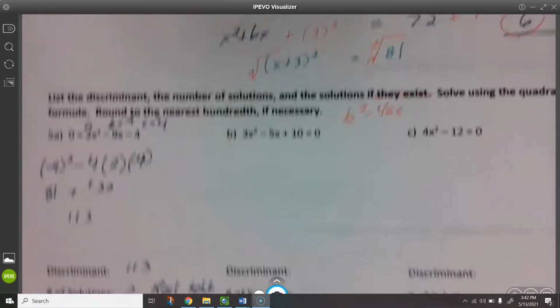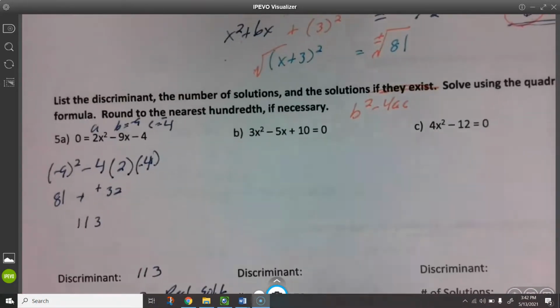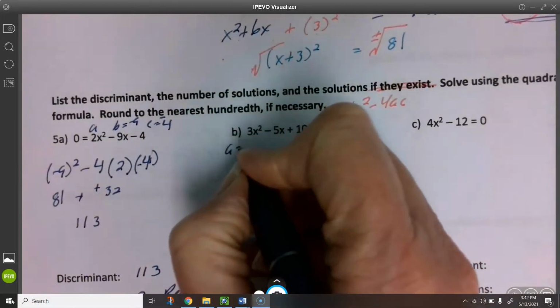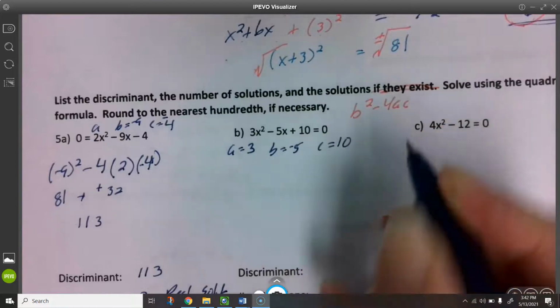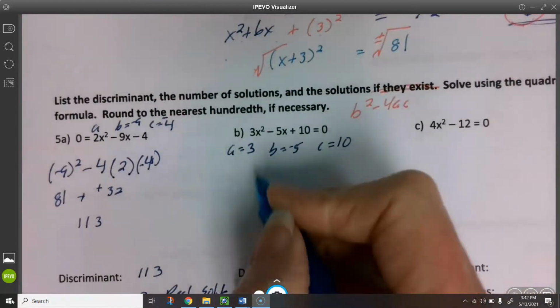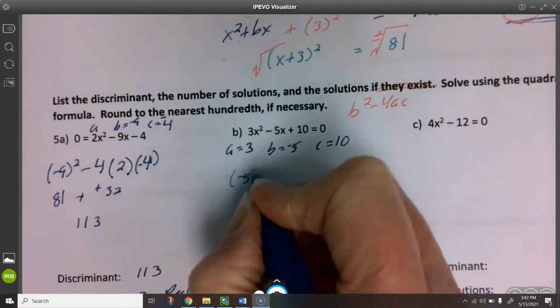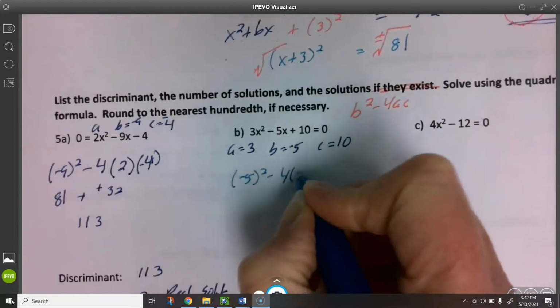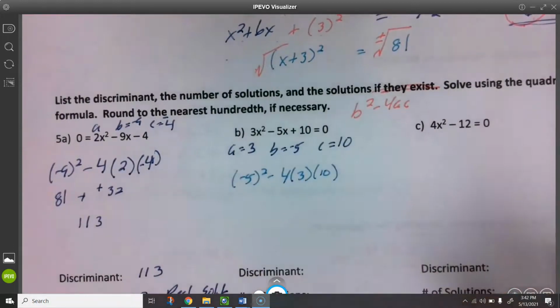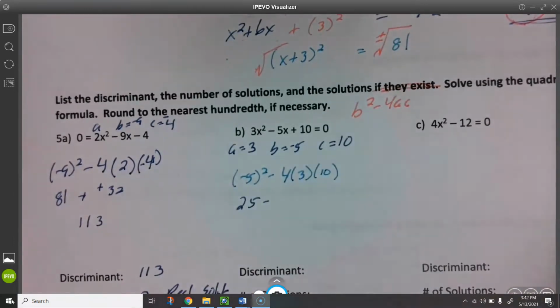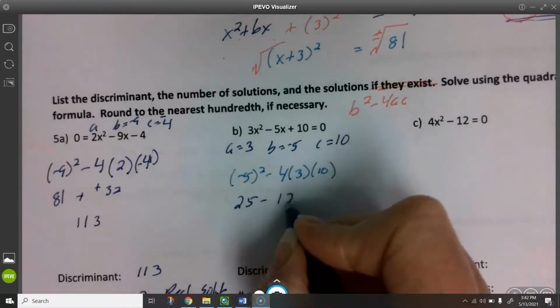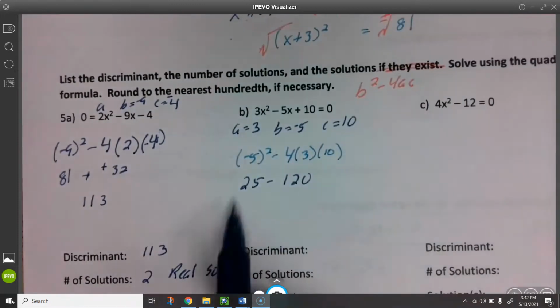Just because they're not too hard to do. But you can also keep watching. A is 3, B is negative 5, C is 10. So that's going to be B squared, that's 25 minus 120. Ah, and look at that. We know we're going to get a negative.